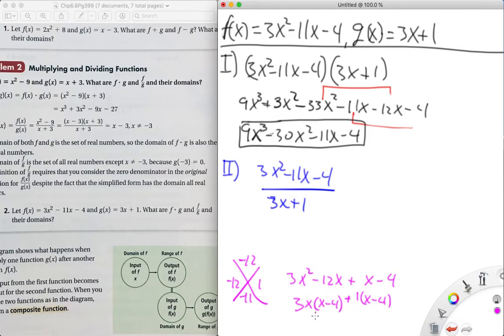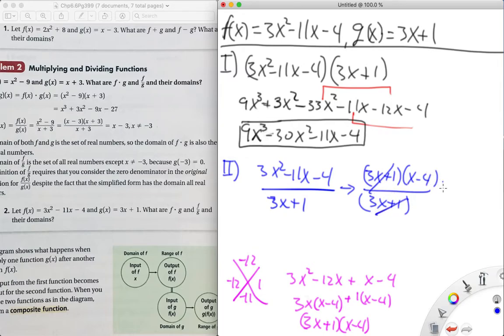And that turns into 3x plus 1 times x minus 4. So when I rename this, it's going to be 3x plus 1 times x minus 4 over 3x plus 1. These guys cancel, and I'm left with x minus 4.